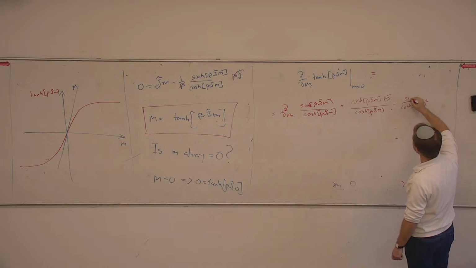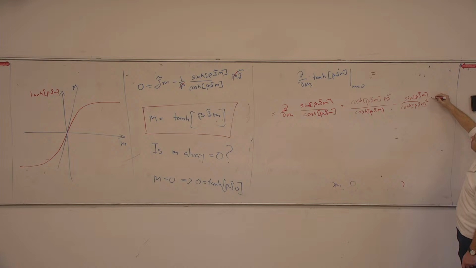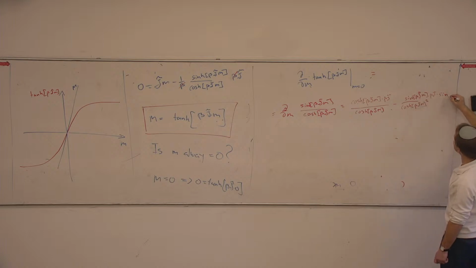Hyperbolic sine of beta j tilde m multiplied by beta j tilde multiplied by hyperbolic sine of beta j tilde m.